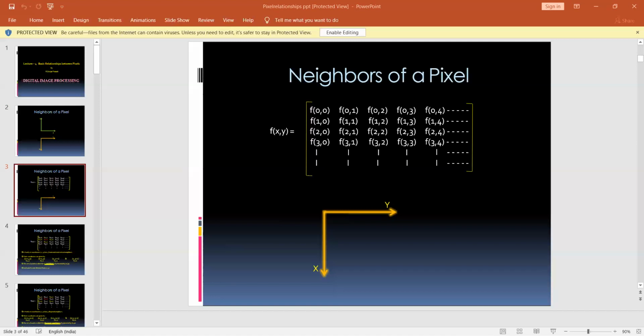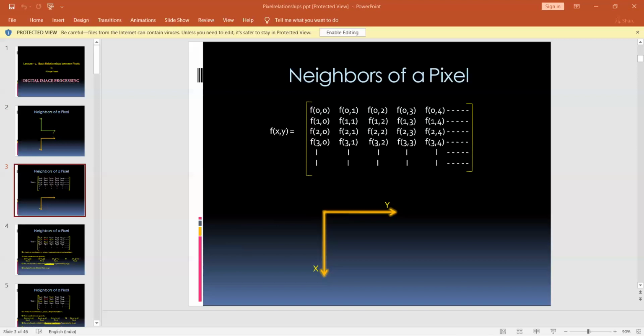Then 2,0; 2,1 and so on. Column wise: 0,0; 1,0; 2,0; 3,0. Likewise, this is the general image format with respect to its pixel function. Now for the neighbors of pixels, let us consider f of 1 comma 1 as the reference pixel.